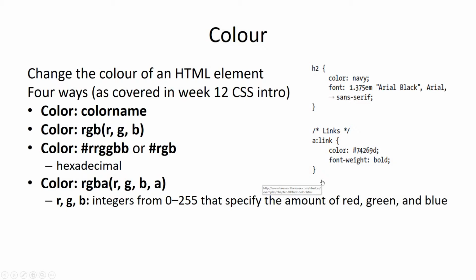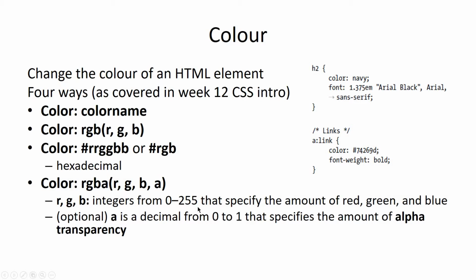That means you can see better what's behind it. So the value of RGB is between 0 and 255. 0 means no color, and 255 means most saturated color. And A stands for alpha, which specifies the transparency.